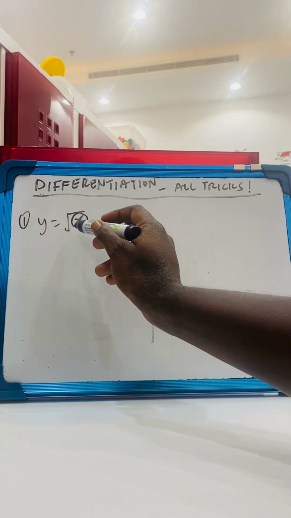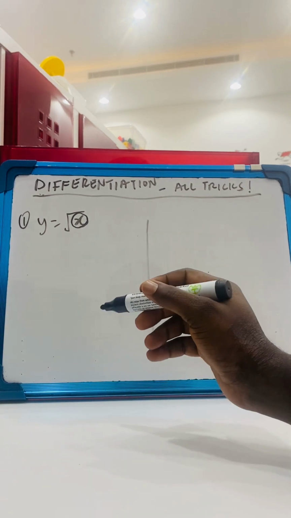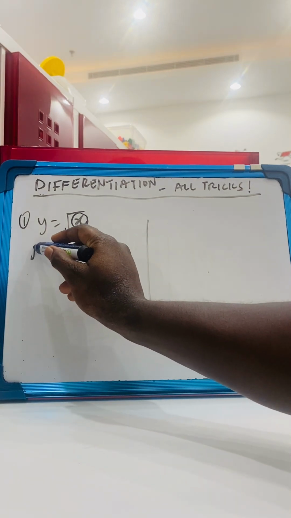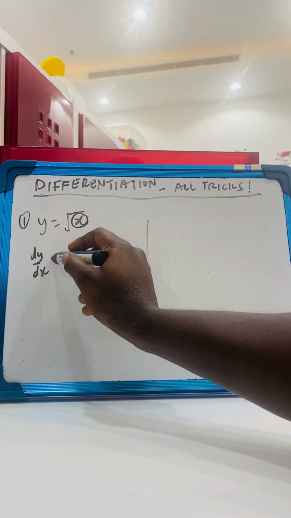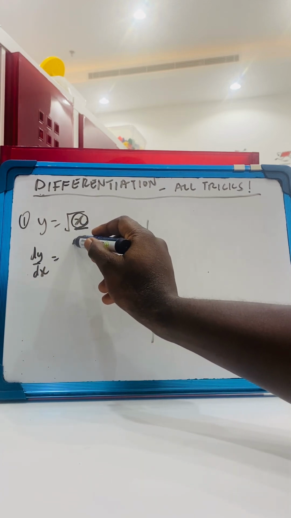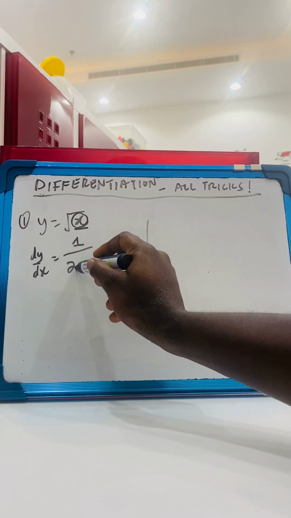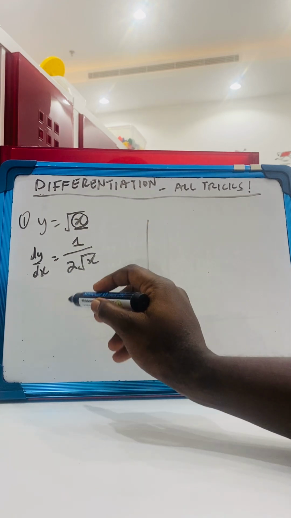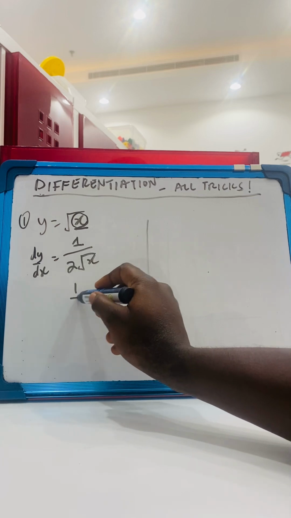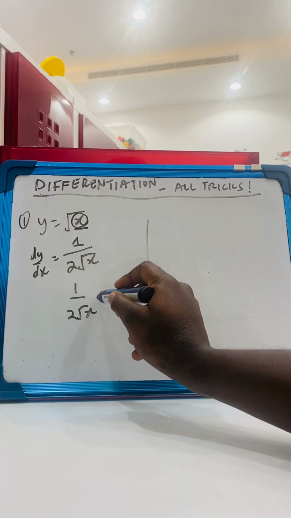So if I differentiate x with respect to x I have 1. So my dy dx, differentiate what sits here, I have 1. Divide by 2 times the given expression, 2 times square root of x. So my answer is 1 over 2 square root of x.